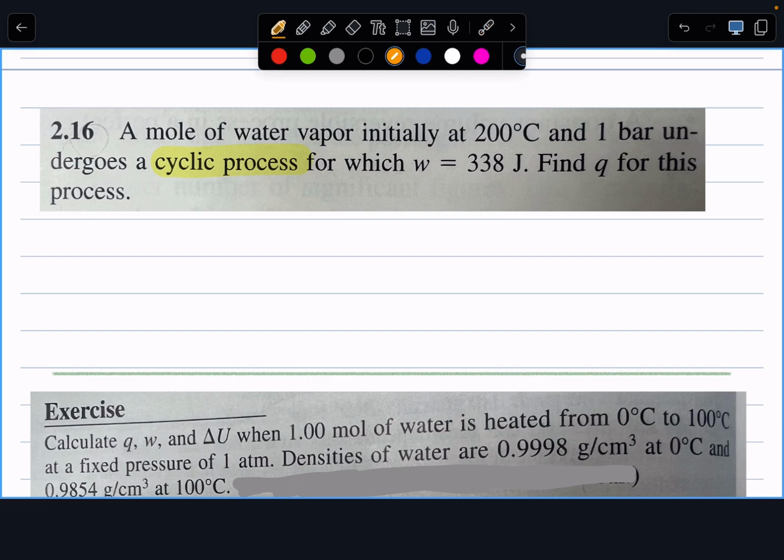So this is a very straightforward problem. Whenever we say a cyclic process, we know that the change of your state function, in this case internal energy, equals 0 for a cyclic process. And using our first law of thermodynamics, we have delta U equals Q plus W in a closed system.